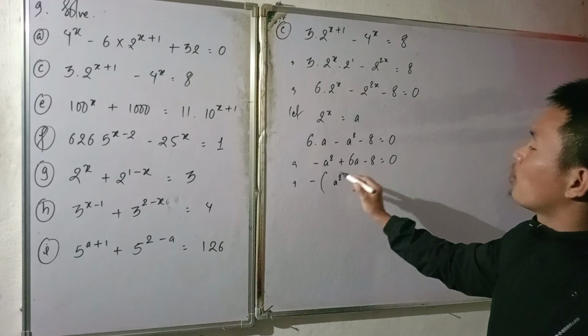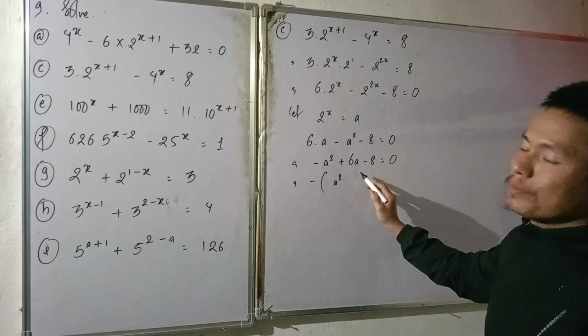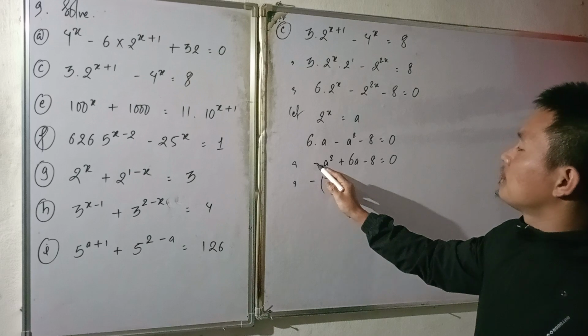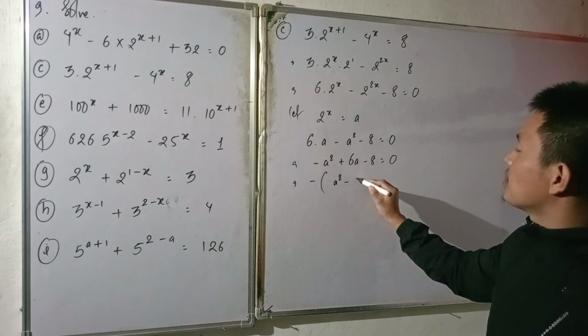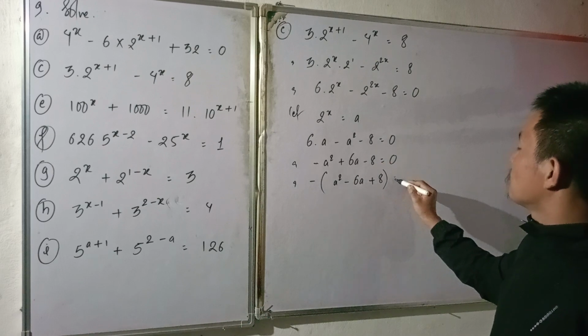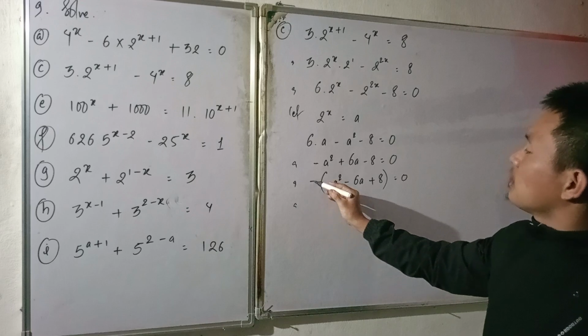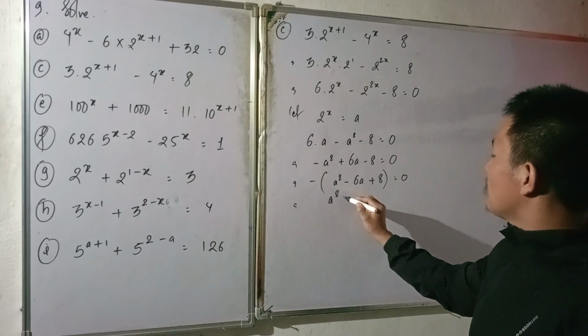When you take this negative sign, all the signs inside the brackets are interchanged, so we get a squared minus 6a plus 8 equals 0. The minus cancels with 0.